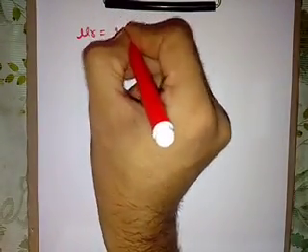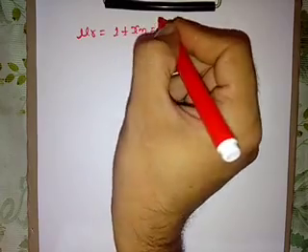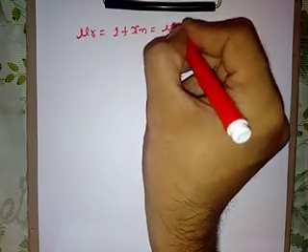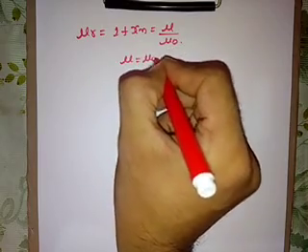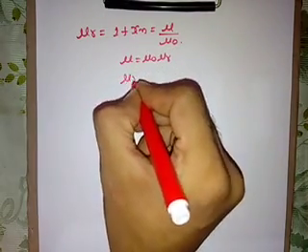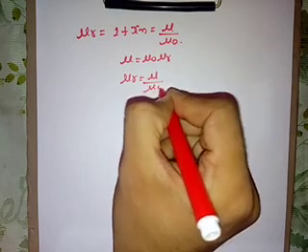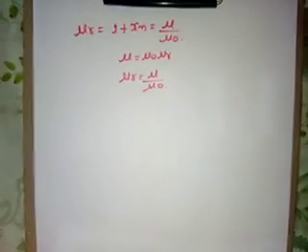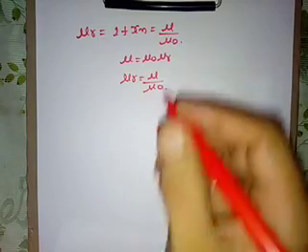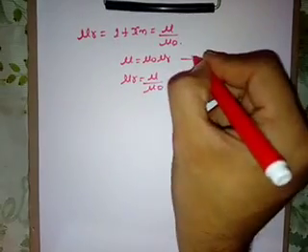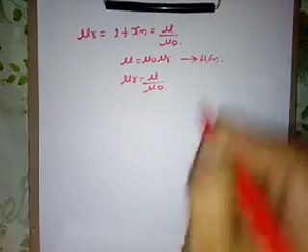That is nothing but mu divided by mu naught, because mu is equal to mu naught mu r, or mu r is equal to mu divided by mu naught, okay? This permeability mu is measured in Henry per meter.